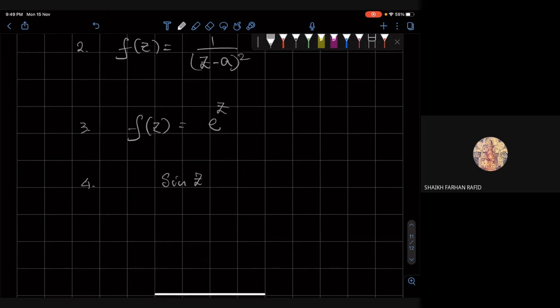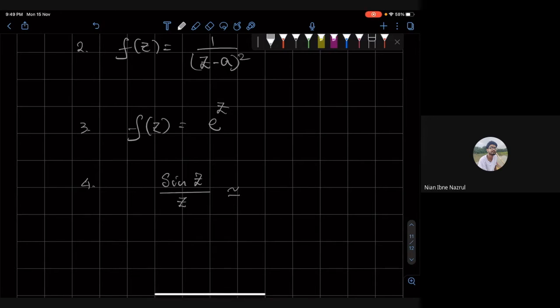No. What about sine of z divided by z? This one would have a problem at z equals 0. It has a removable singularity at z equals 0. But it's not really a singularity, right?